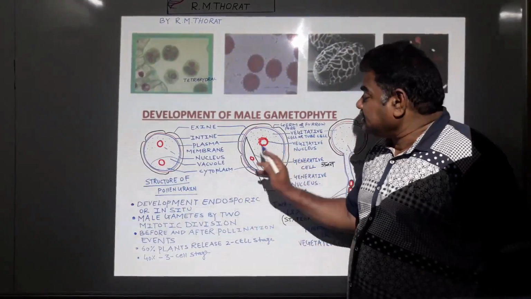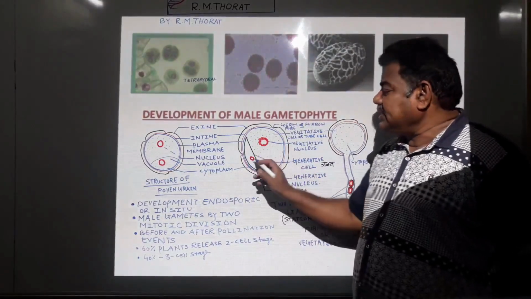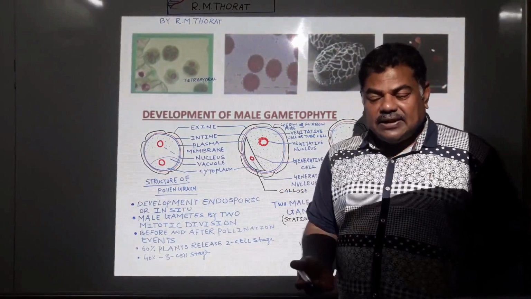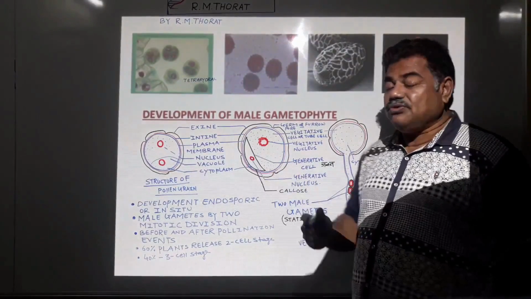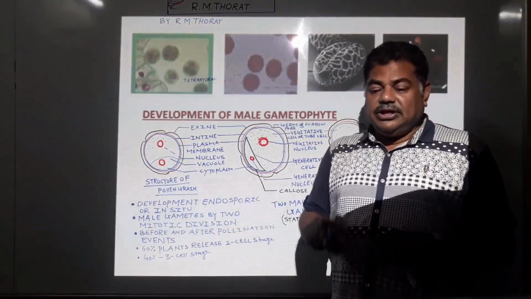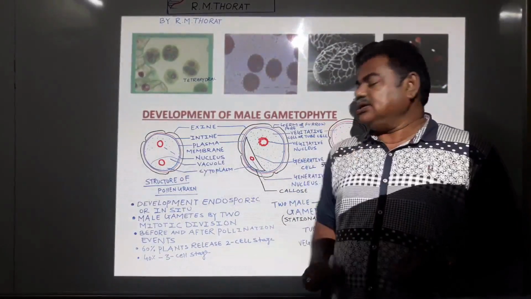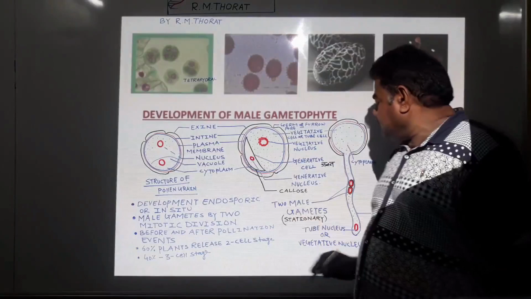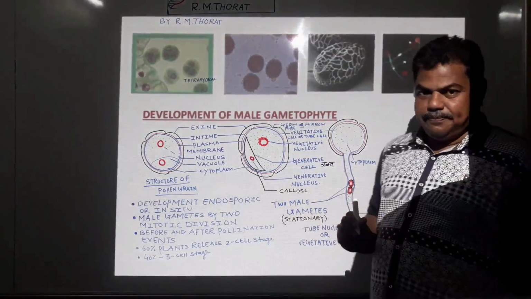But the nucleus present in the generative cell is a functional nucleus, and this nucleus divides again. It shows a second mitotic division, and it forms two male gametes like this.